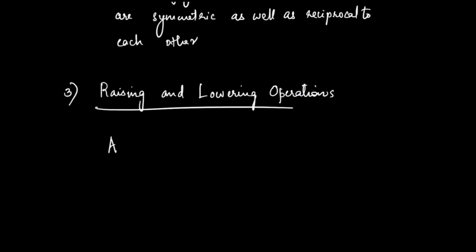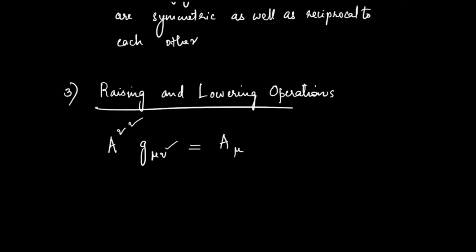Now if A nu is an arbitrary contravariant tensor, then its inner product with the tensor G mu nu will be an arbitrary covariant tensor because of the contraction, right? So if I take the inner product, see here there is nu, here there is nu, okay, nu and nu. So I have to get an arbitrary covariant tensor because of the contraction. Then I'll represent it by A mu.